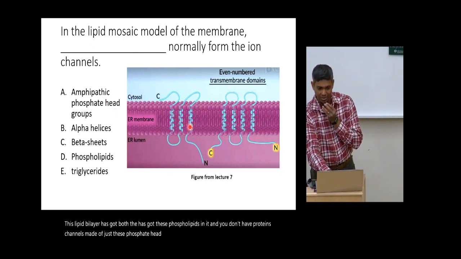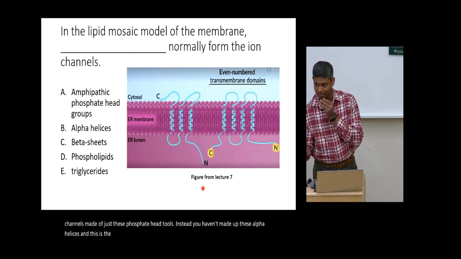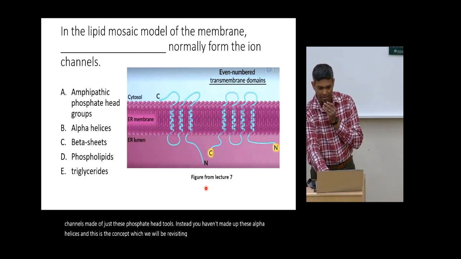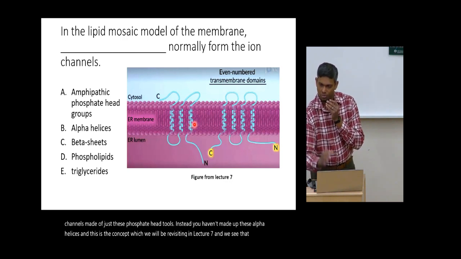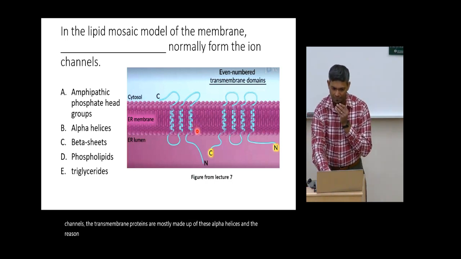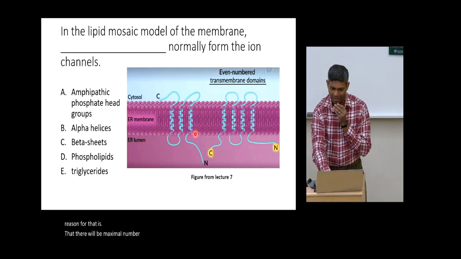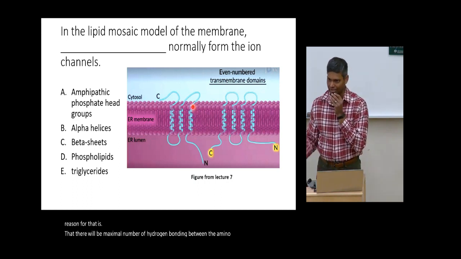Instead, it is made of these alpha helices, and this is a concept we will revisit in lecture 7. The channels, the transmembrane proteins, are mostly made up of alpha helices, because there will be a maximal number of hydrogen bonds between the amino acids in the alpha helix.